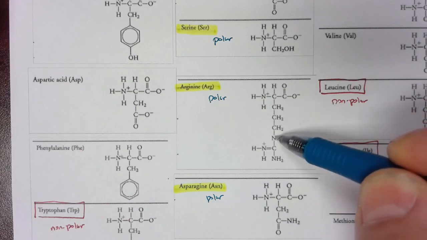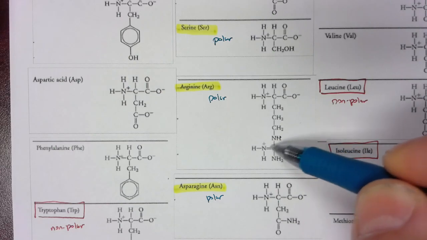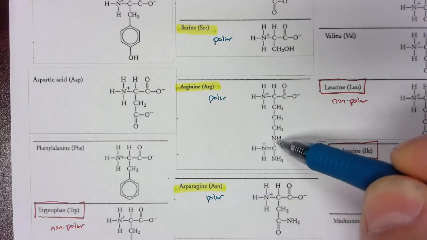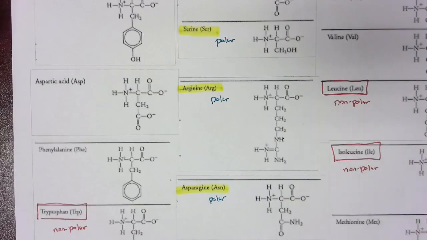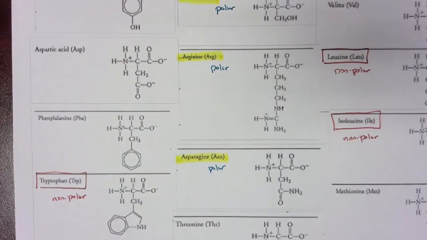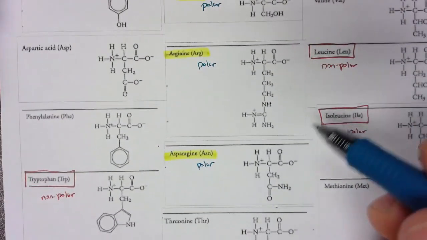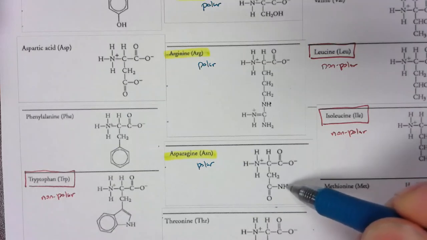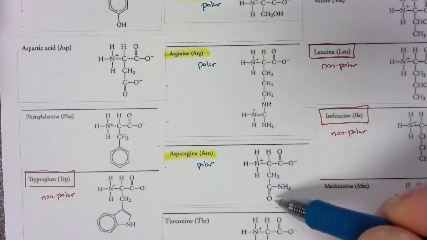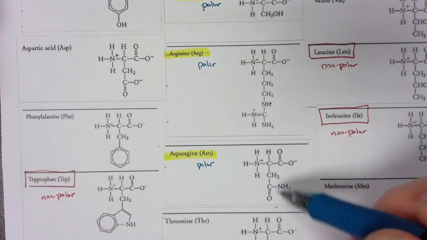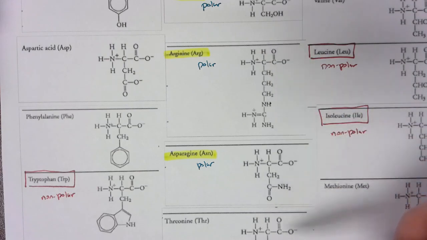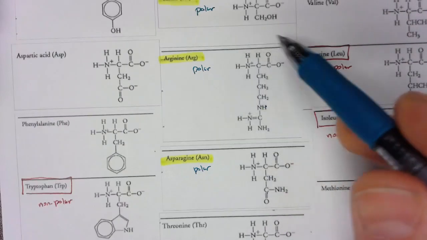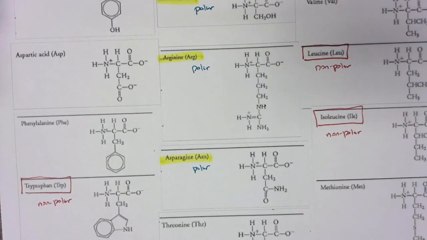However, the CN bond, the NH bond are both polar, and there are several examples of those in the arginine R group. For asparagine, we see there's the CN bond, the NH bond, and the CO bond. All 3 of those are polar. So each one has at least 2 examples of polar bonds, and that is what makes the amino acid behave like a polar group.